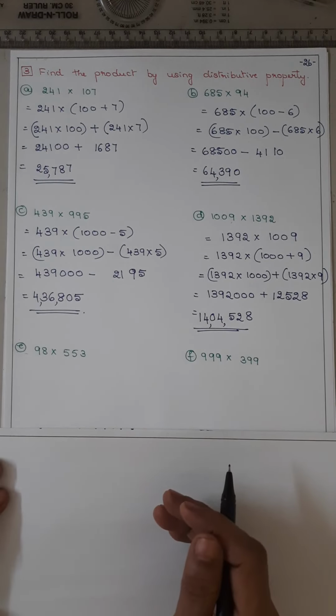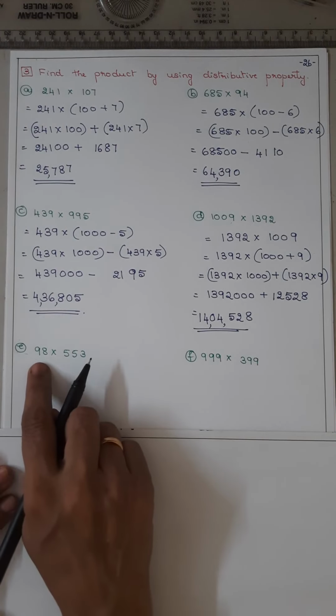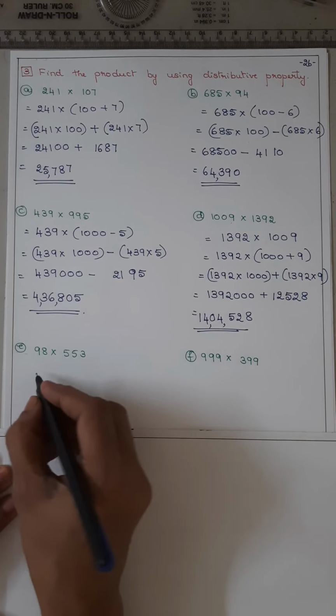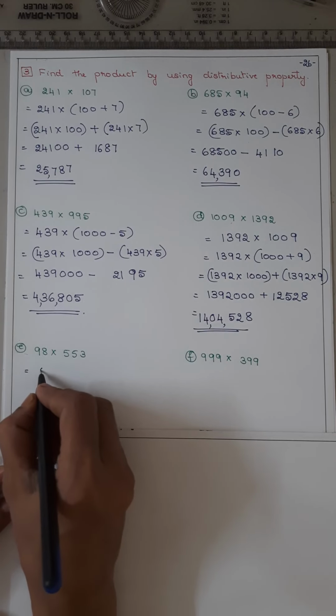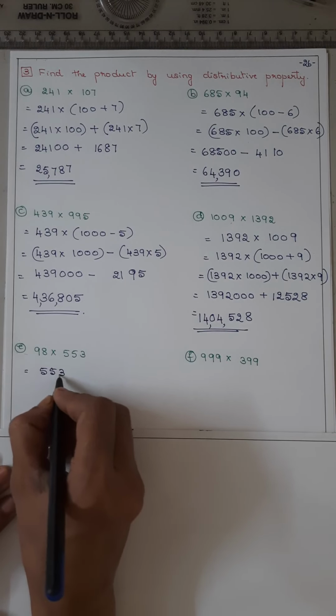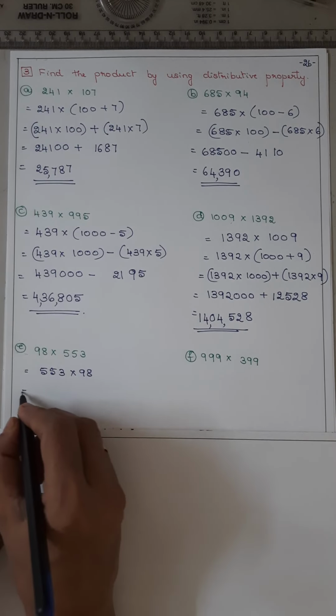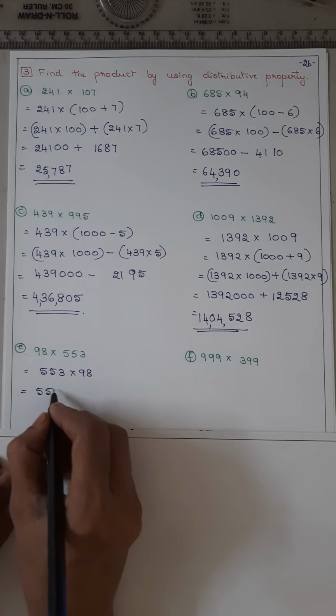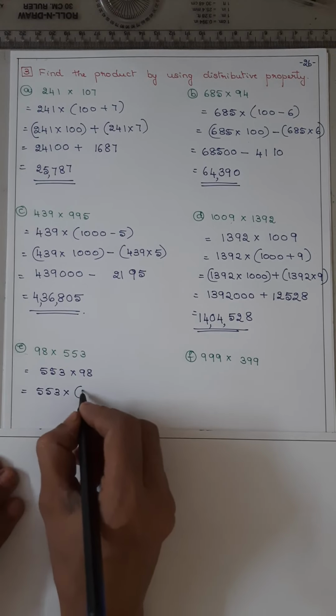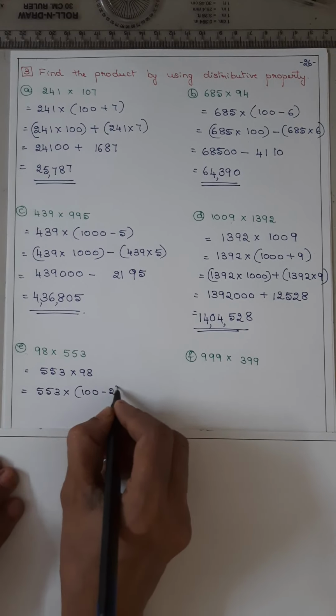Now coming to the question number E, 98 has to be split. 100 minus 2. So rearrange first. 553 into 98. Now split 98. 553 as it is. 100 minus 2.